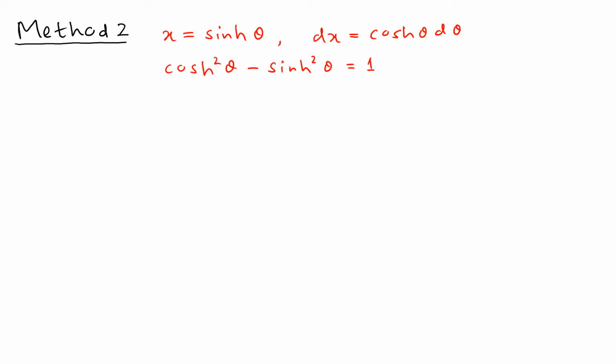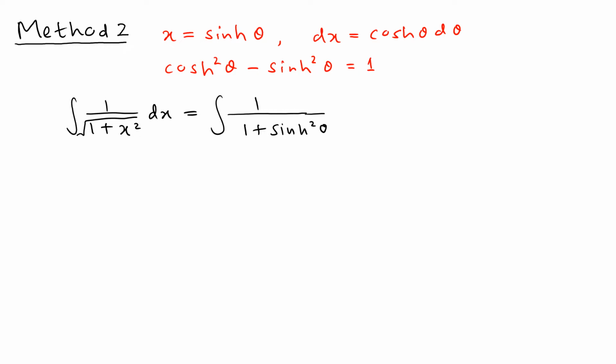Because of that, we can say that the integral of 1 over square root of 1 plus x squared dx is equal to 1 over square root of 1 plus sinh squared theta, and dx is equal to cosh theta d theta.